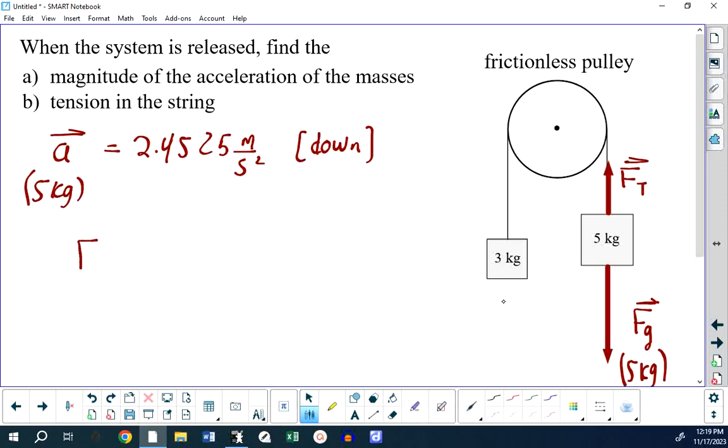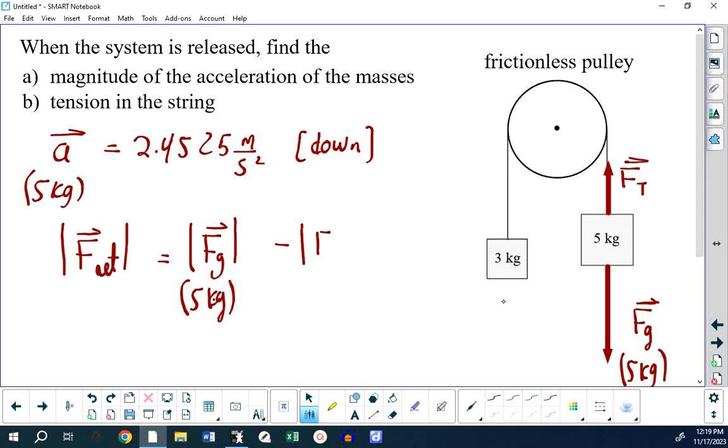The net force is the sum of those two forces. So how do we add these two forces? We take the magnitude of the larger force and we subtract the magnitude of the smaller force.